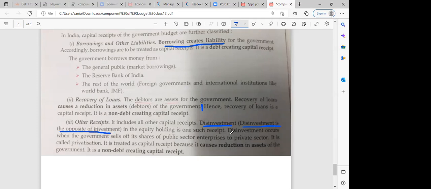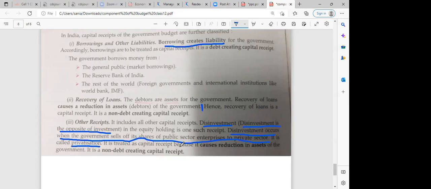And then you will write: disinvestment occurs when the government sells off its shares of public sector enterprises to private parties. The government is selling its shares to the private sector, and it is also known as privatization.